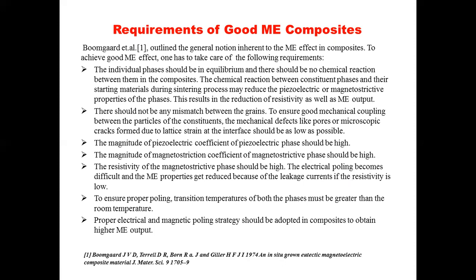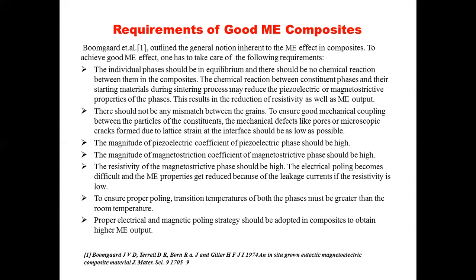So that is the question. This electrical poling, I will discuss this phenomenon in detail. Electrical poling means we are keeping the composite in an electric field in a particular direction, that is called electrical poling.